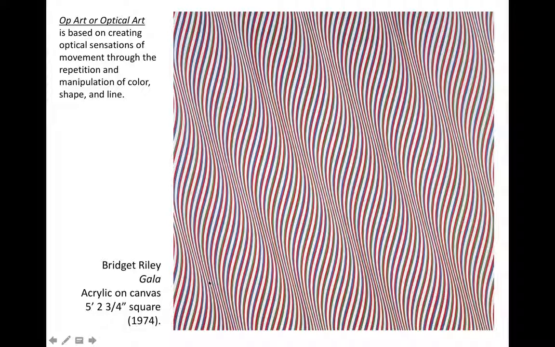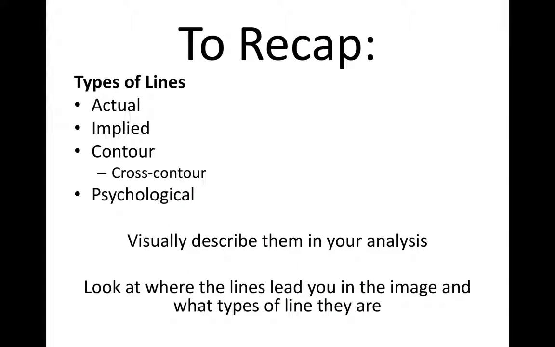But this optical sensation of these lines of repetition, they're using the repetition of color, the overall shapes of these lines and how they're slowly curving and getting closer in peak areas, and it creates this optical effect. So again, lines are very important in the way that you use them. This wouldn't have been accomplished if they wouldn't have used it in that manner.